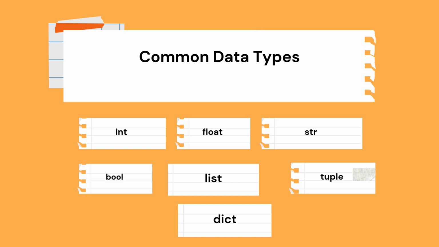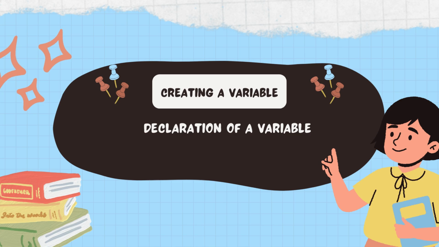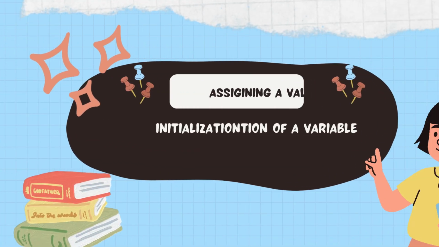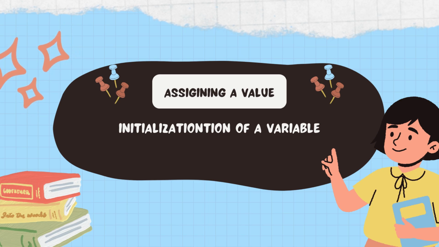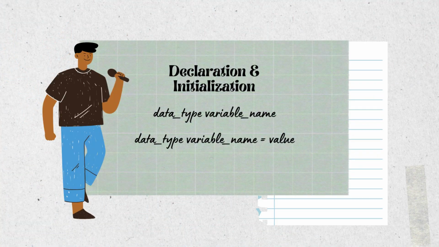Let's see how we are going to write a variable. Before we use a variable, we have to create it, right? That is called declaration of a variable. And assigning a value to that variable is called initialization of a variable. In Java, the declaration of a variable is as follows.